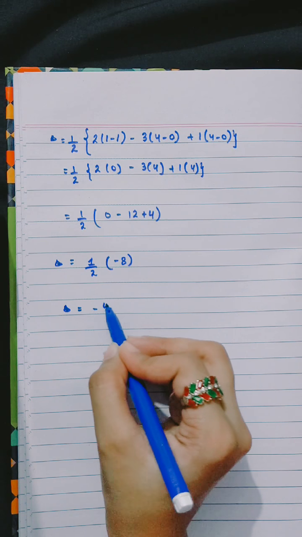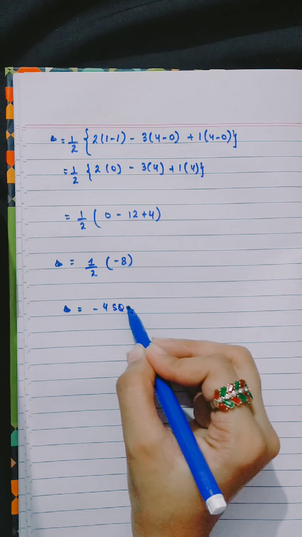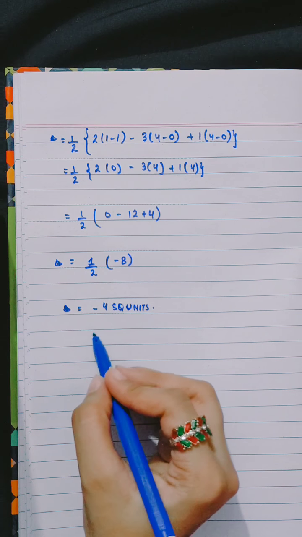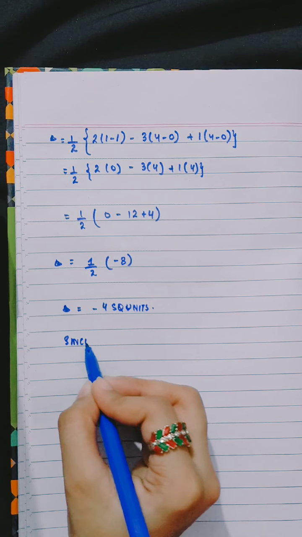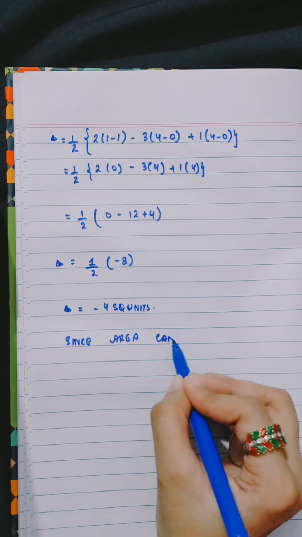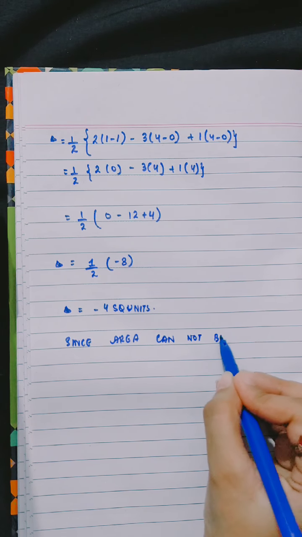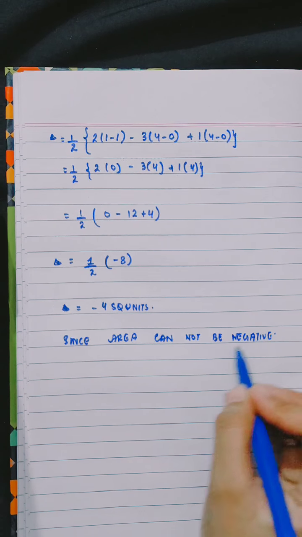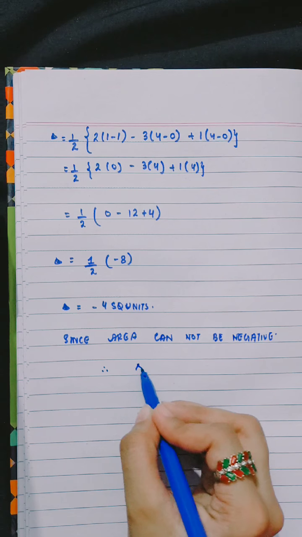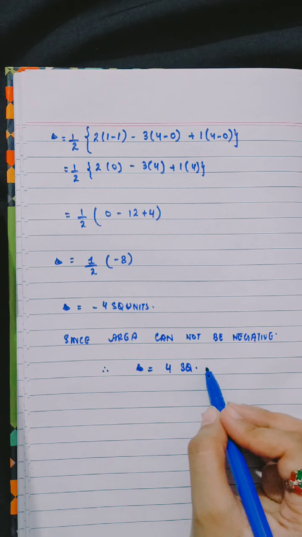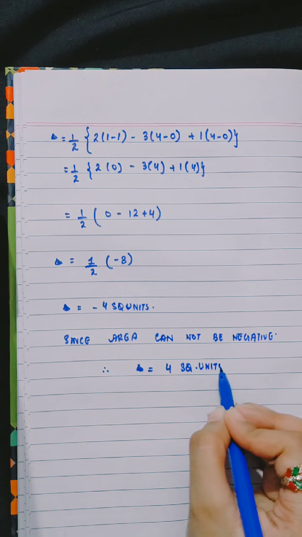And area is equals to minus 4 square units. Since area cannot be negative, therefore area is equals to positive 4 square units.